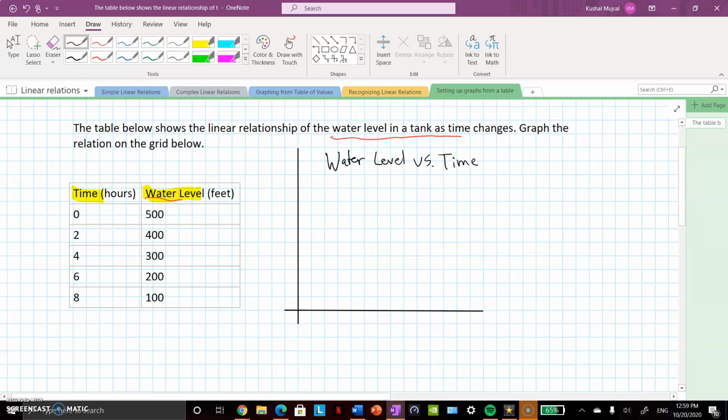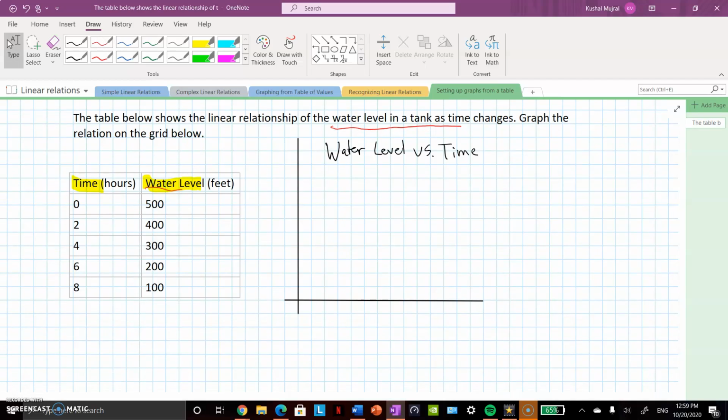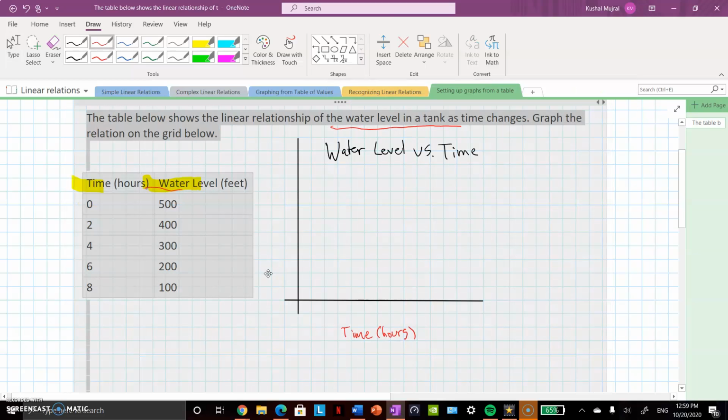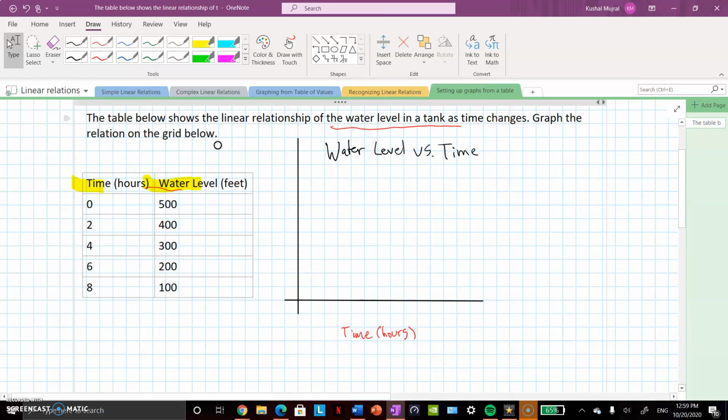Remember from when we were doing rates that if we're doing a graph like this, you want time to be at the bottom. Time, hours. Then over here, you're going to write water level, feet.